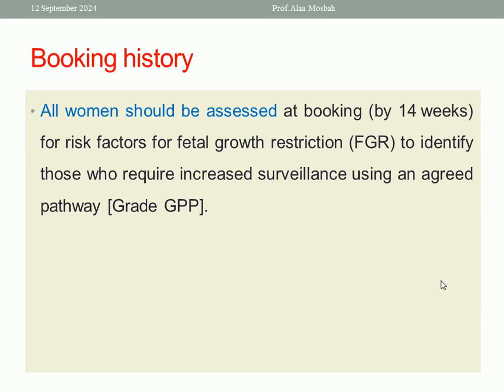All women should be assessed at booking, by 14 weeks, for risk factors for fetal growth restriction, to identify those who require increased surveillance using an agreed pathway. What are the risk factors for fetal growth restriction?